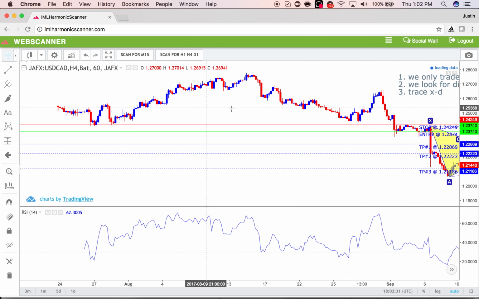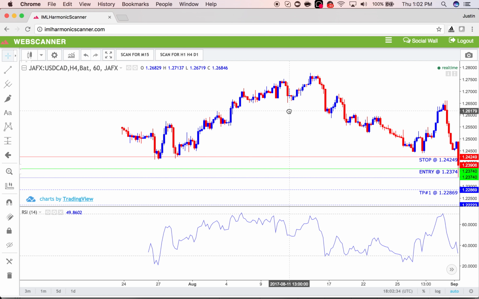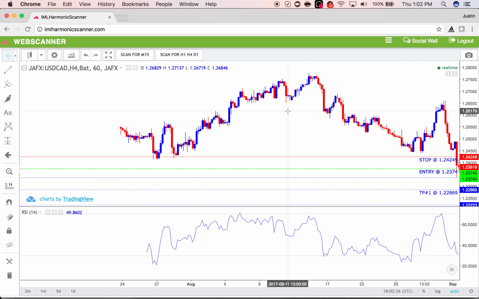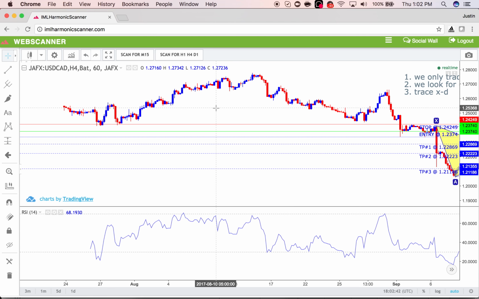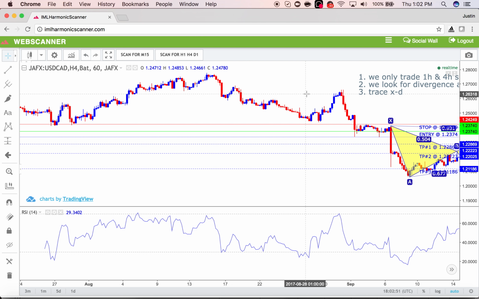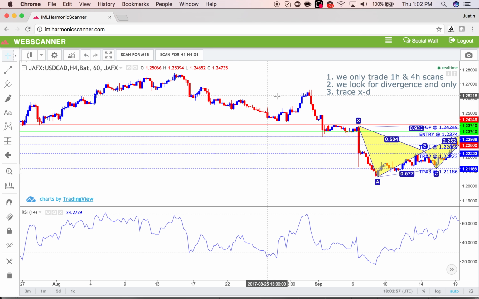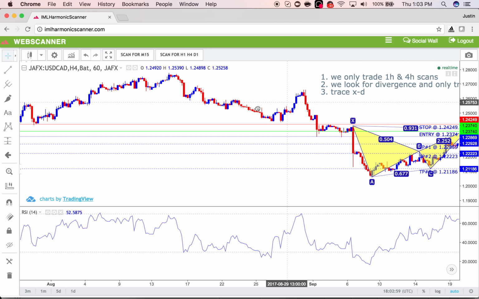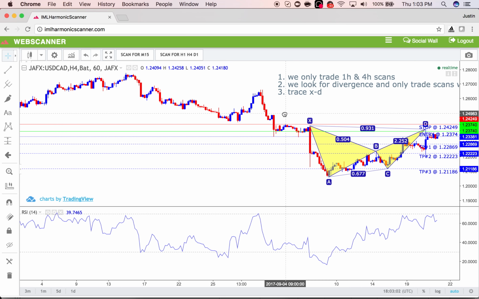Let me see if I can find an example of some divergence. Let's see. I don't necessarily see any on this chart, but let's see. Oh, here's some. Perfect.